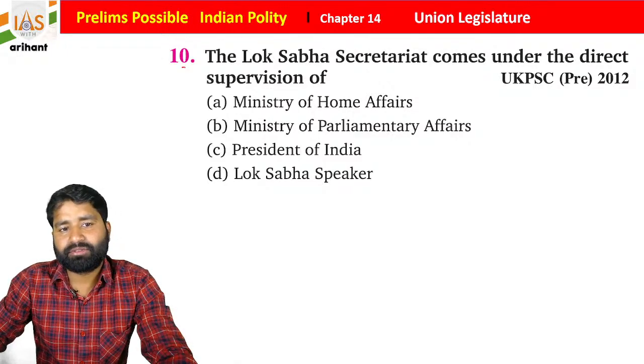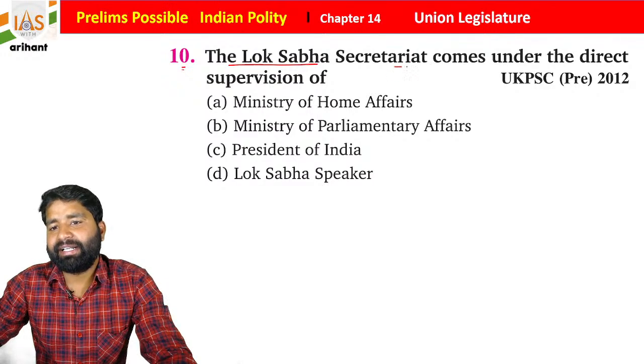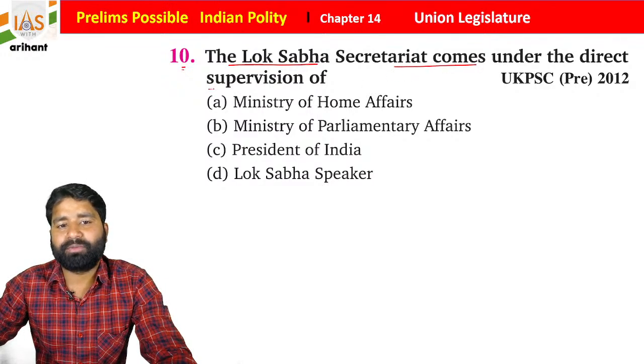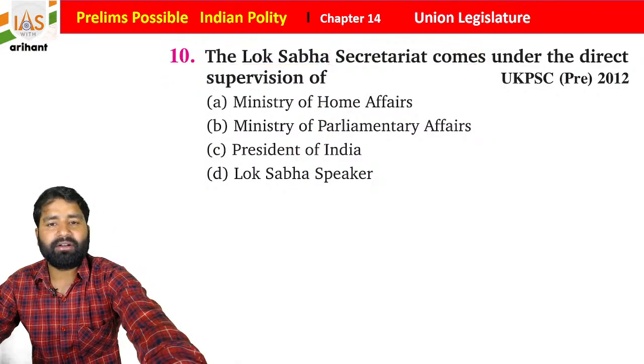Now we have the 10th question. The Lok Sabha Secretariat comes under the direct supervision of? We already discussed this in the mind map. Is it the Ministry of Home Affairs, Parliamentary Affairs, President of India, or the Speaker of Lok Sabha?